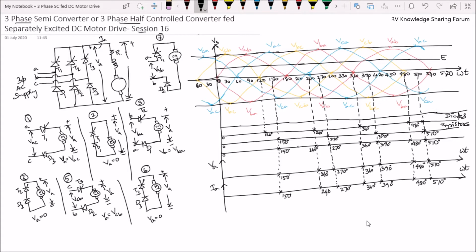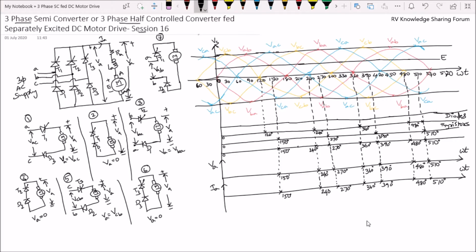Here RA represents the armature resistance, LA represents the armature inductance, and A and AA represent the armature terminals. The motor has a back EMF of E, and the voltage across the armature terminals of the motor is VA. So this is about our circuit diagram.